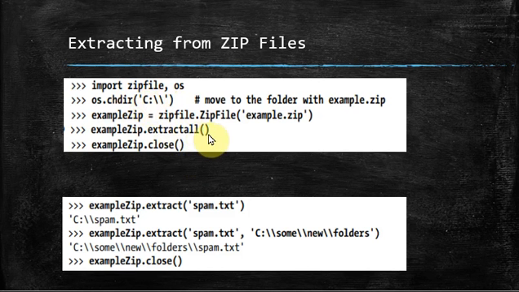Optionally, we can also pass a folder name to extractall. Here we have not passed one, but it is possible to do that. If the folder passed to the extractall method does not exist, then it is going to create the folder.